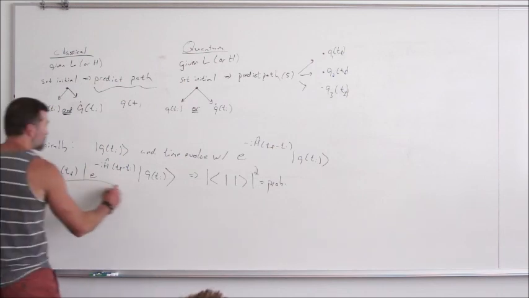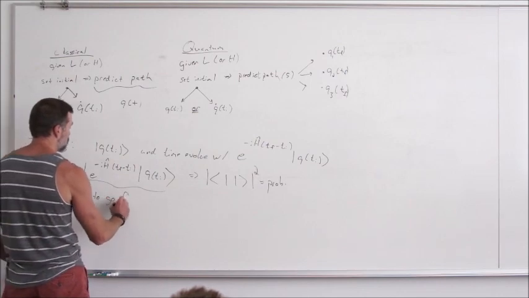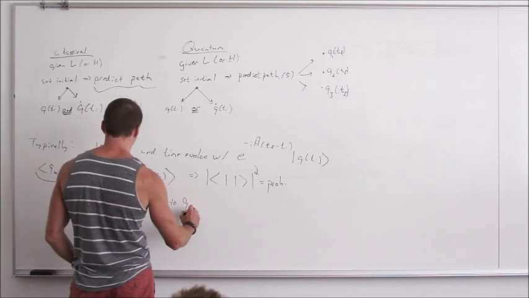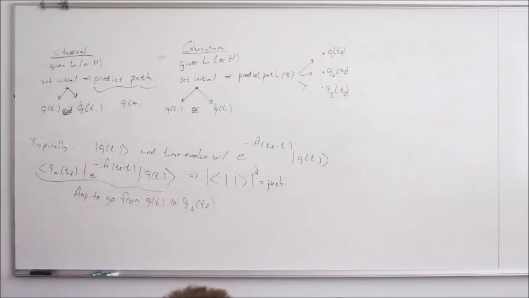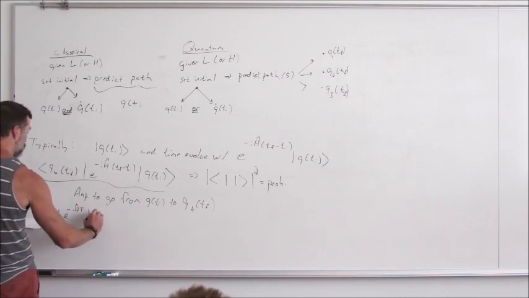And we can think of this thing as the amplitude to go from Q at T initial to Q_k at T final. And our abbreviation for this will just be Q final e to the minus i H hat T Q initial.